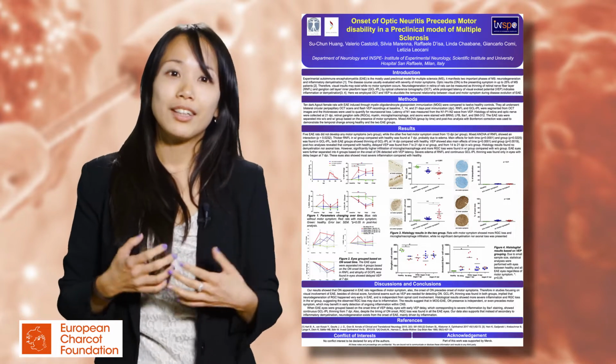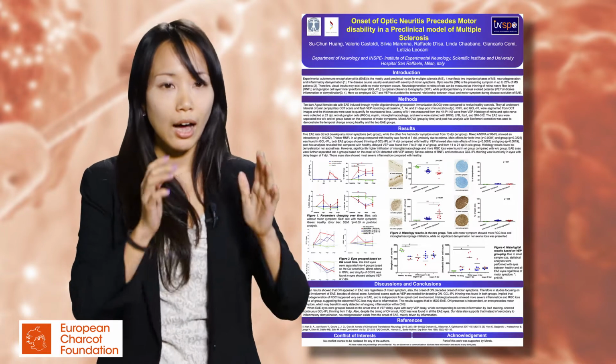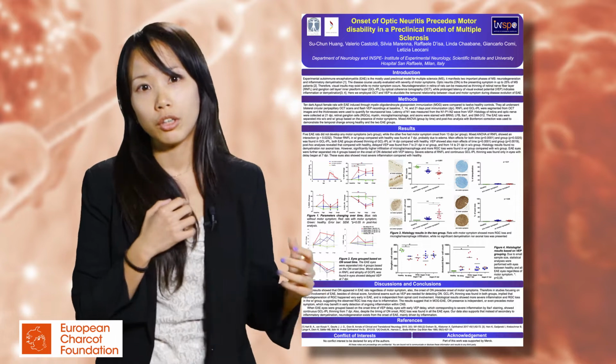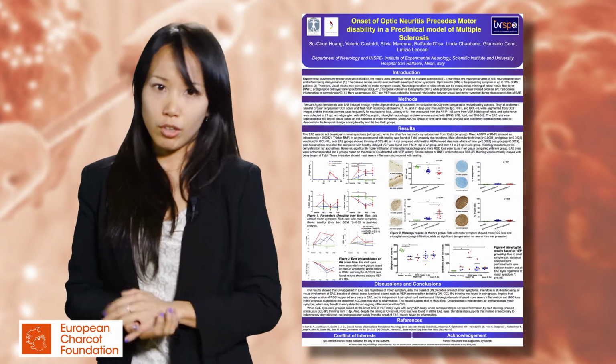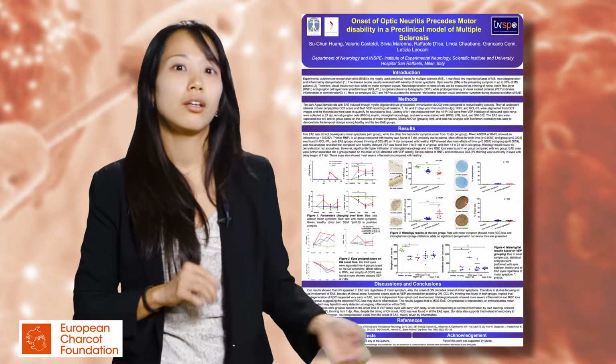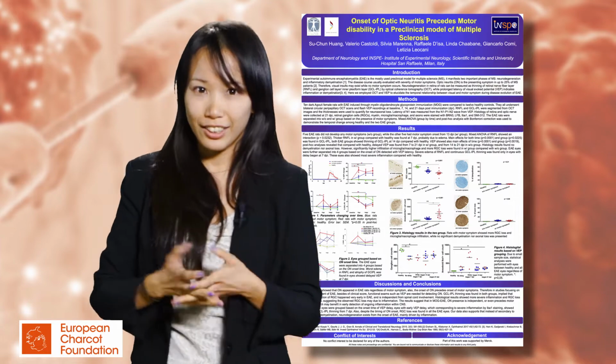I hope this result can translate to humans, to help us understand the relationship between demyelination and neurodegeneration in MS patients, and how we can detect neurodegeneration earlier, to benefit early diagnosis and early treatment.